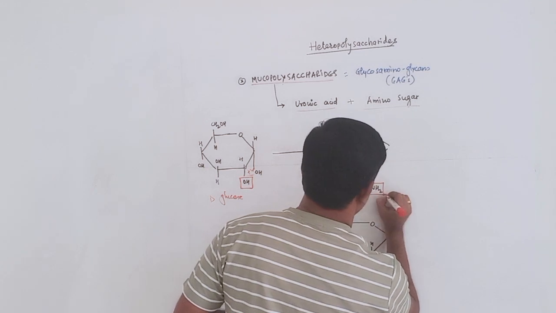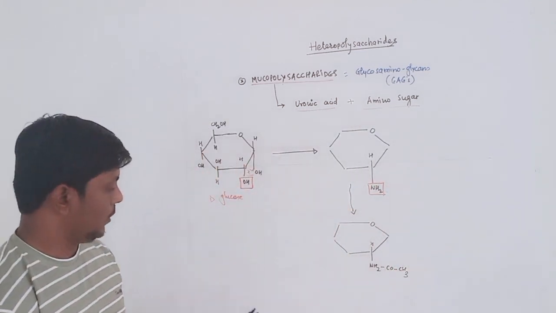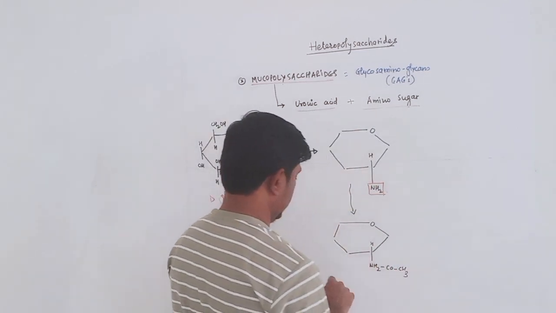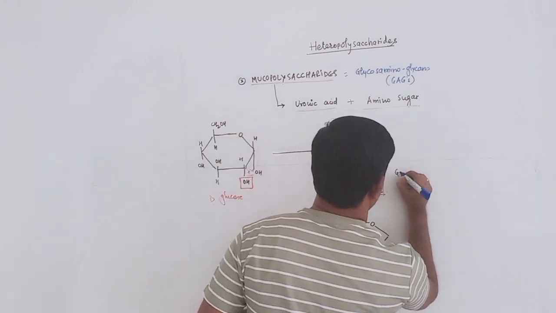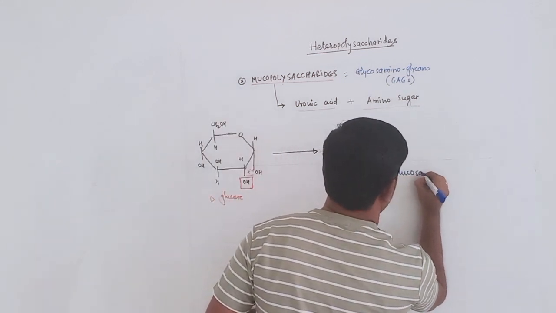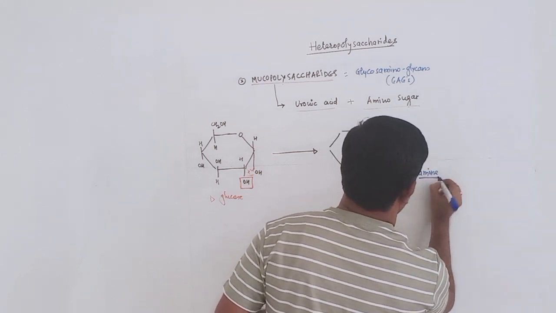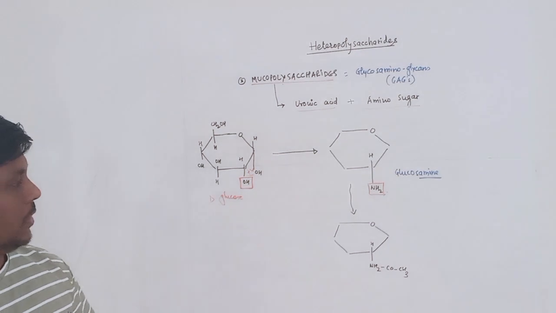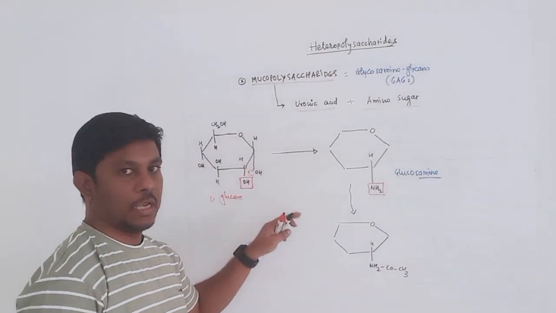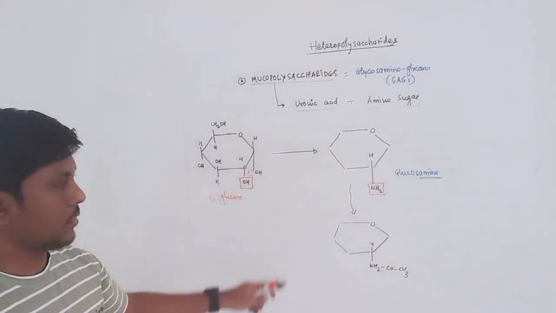So this amino group replaces the hydroxyl group, and we get glucosamine. As the amine group is attached to the second carbon atom by replacing the hydroxyl group.